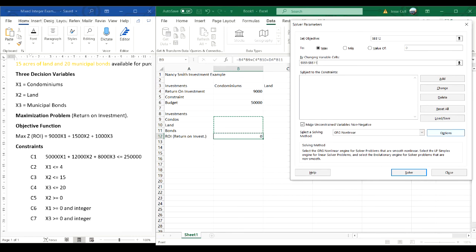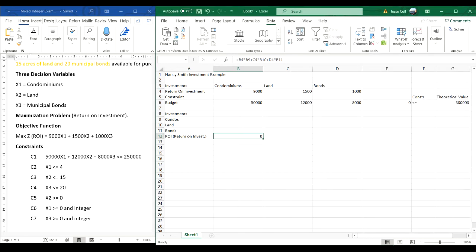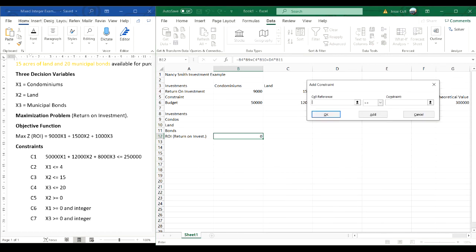We're going to make it simplex LP, and this is something that people have struggled with before, but it's very important to make it simplex LP. And then we're going to add in our different constraints. Now this is going to be a little more confusing. So the first one is that B10, if we look down here, x2 must be greater than or equal to 0.